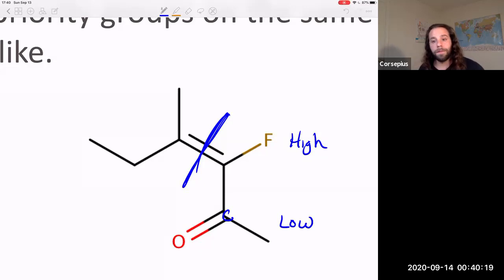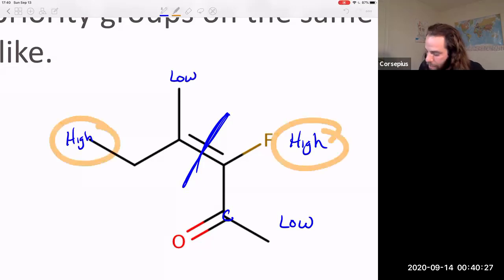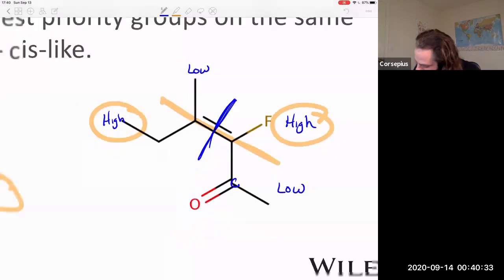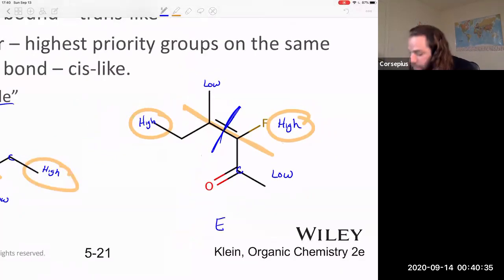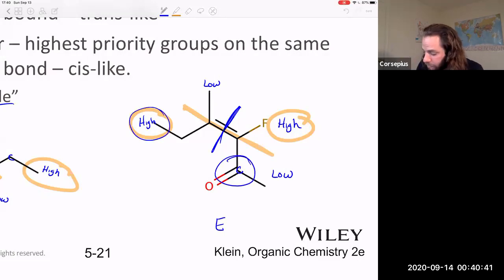Now I jump to the other side, and again, this one is high and this one's low. Your high priority groups are on different sides of your double bond, so this is again going to be the E stereoisomer. Notice that it doesn't matter at all that this group is higher in priority than this group. You only chop the double bond in half, assign on one side, and assign on the other side.